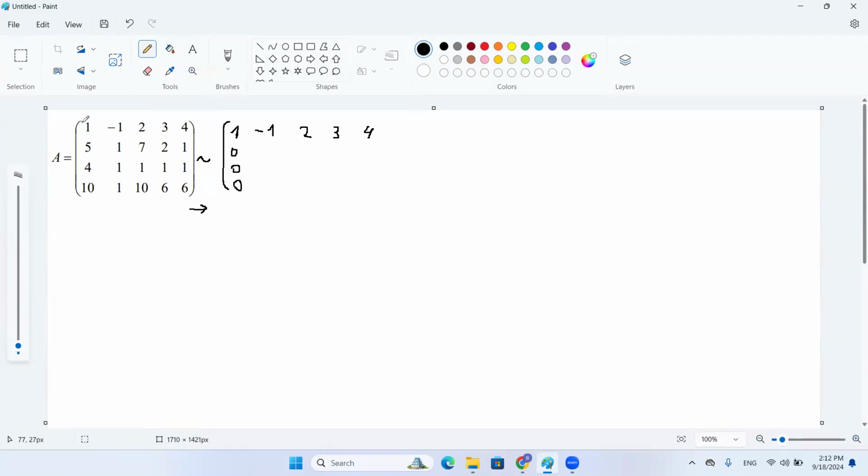For the third row, the first row will be multiplied by 4 and subtracted from the third row. About the fourth row, analogically. So here we multiply 5 by -1.